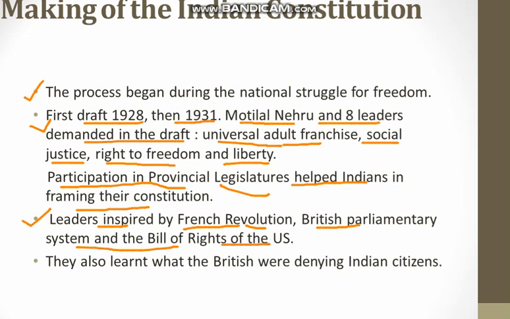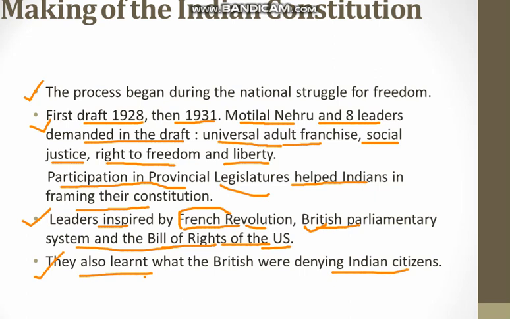The French Revolution gave liberty, fraternity and equality. The parliamentary system was adopted from the British, and the fundamental rights were inspired by the US. This knowledge helped Indians in framing their own constitution.